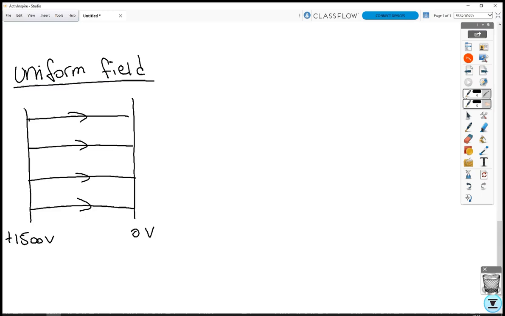And your potential is going to change linearly this time rather than radially. So what I mean by that is if you're exactly halfway between your plates, you're going to have exactly half the potential difference. So from 1,500 volts to the center between the plates, which would be over here, you would have 750 volts.